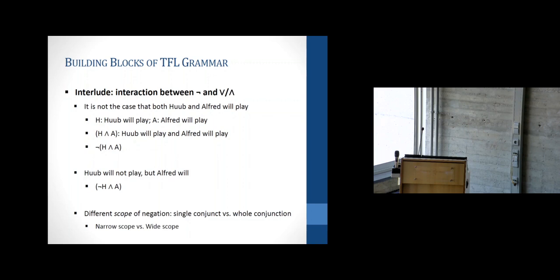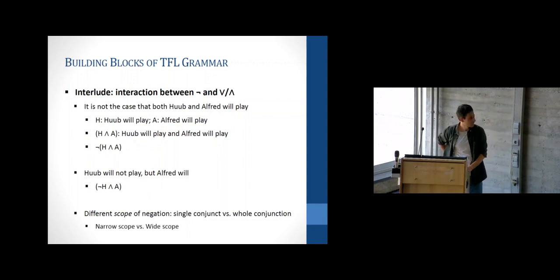What this sentence says is that we rule out the possibility that they both play together. So it can still be true that Hoop plays, because it just means that it's not the case of both. And this other one says none of them is going to play. That's the intricacies here.